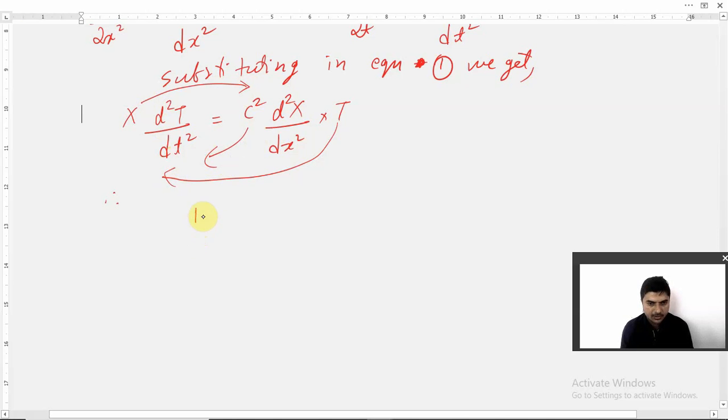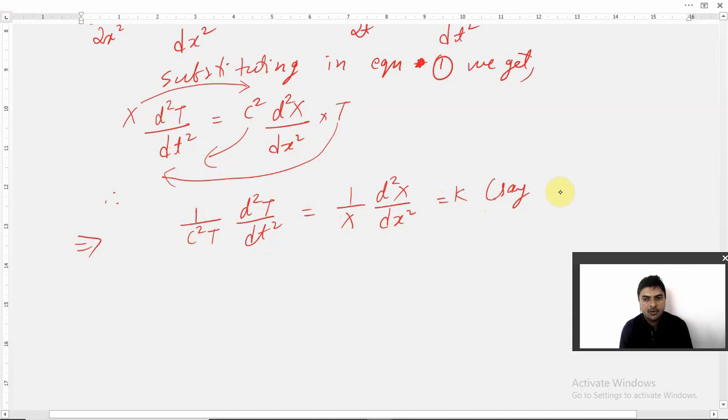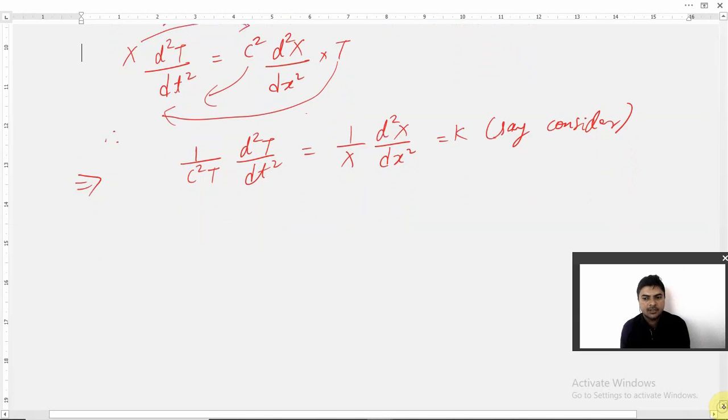So this will be 1 divided by c²T d²T/dt² is equal to 1 upon X d²X/dx². So this is the solution. When I get this, I am going to take this as some value k. Is it clear?